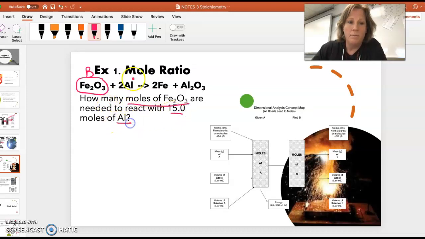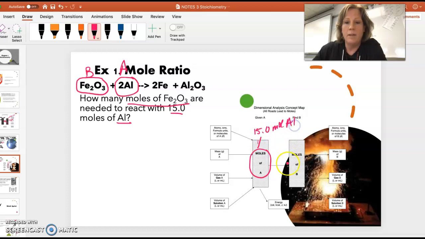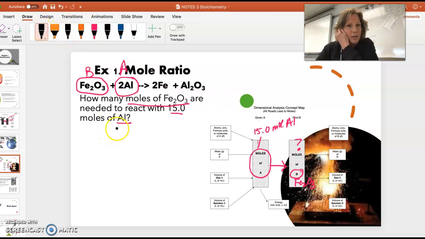So that would be my A. So if I use my mole map, I'm starting here with my moles of aluminum, my 15 moles. And then I'm going to switch over and go across and figure out my moles of B, which will be the Fe2O3. This is the thermite reaction. It's a really exothermic reaction.